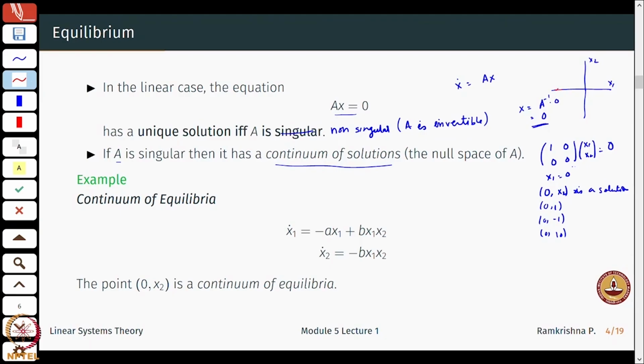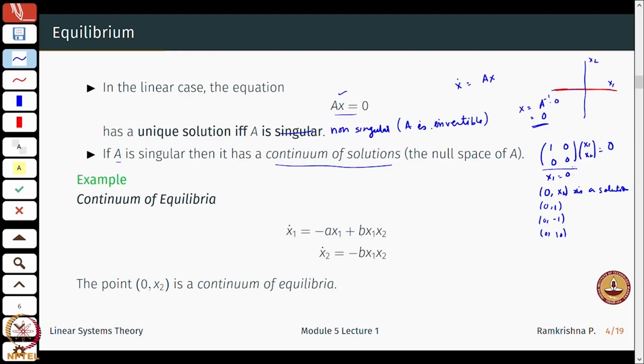This entire line here is the continuum of solutions for the system represented by A of this form. This is also the null space of A. In the case when A was invertible or non-singular, the null space is just the trivial point, that x equal to 0 is the null space.